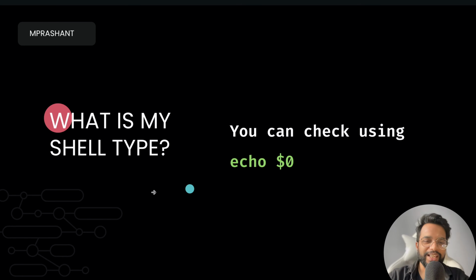Okay, let's now see what my shell type is, because I mentioned that a single Linux operating system supports multiple shell types. So what is my current shell type, or rather, what is my default shell type? There is a way: you can just execute the command echo $0. It will give you the name of your default shell.